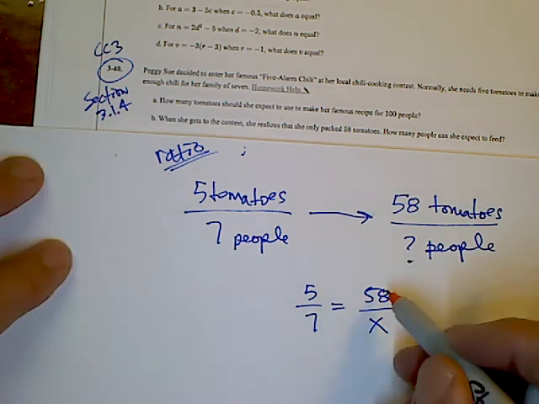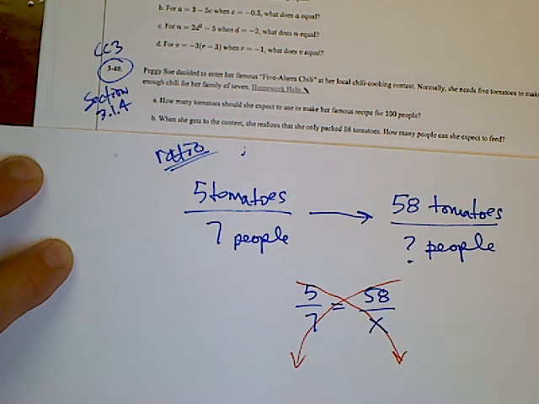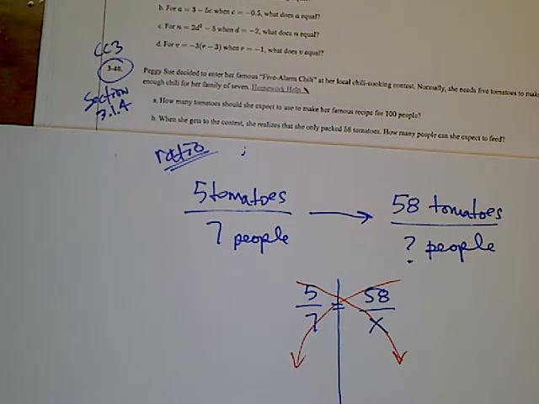So I can cross multiply again to solve for that missing variable. I end up with 7 times 58, which is 406, equal to 5x.